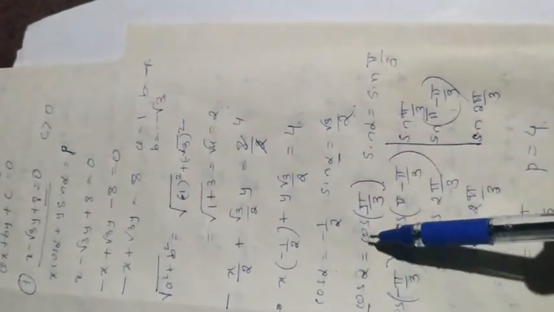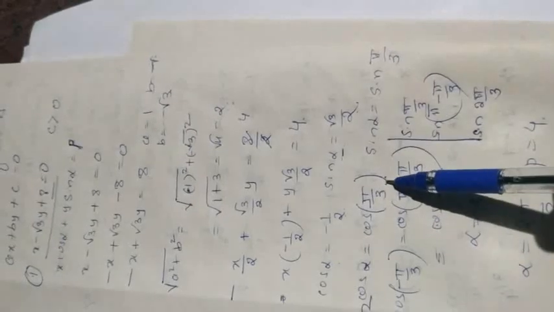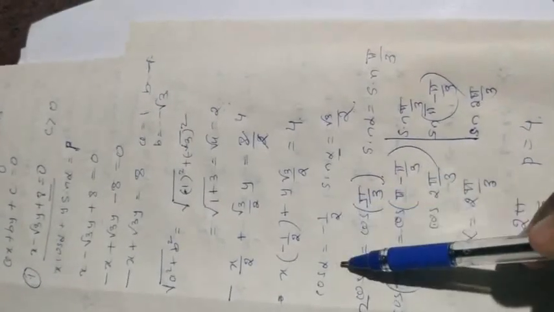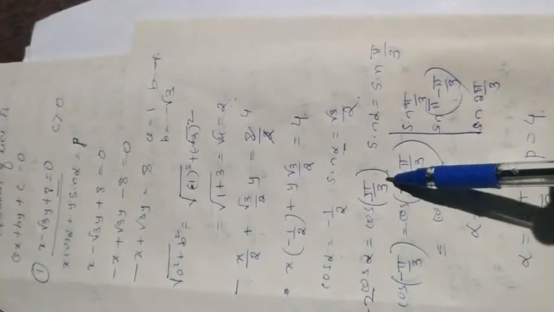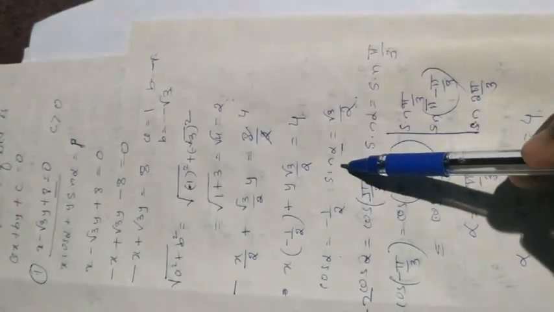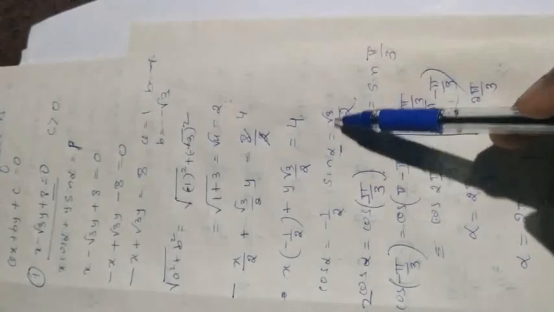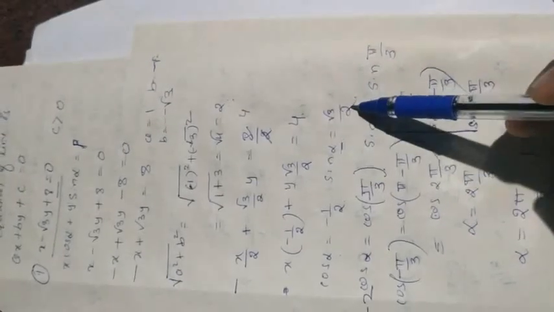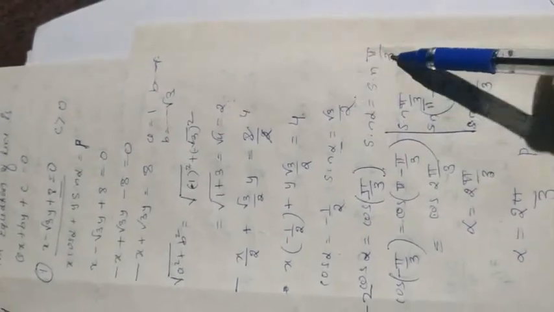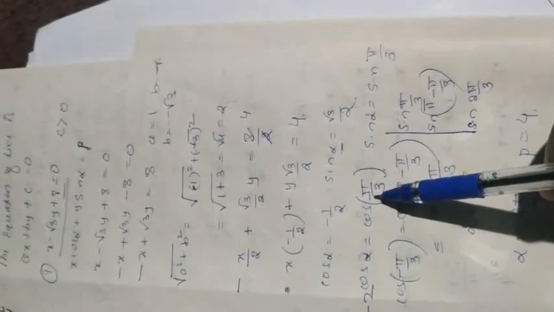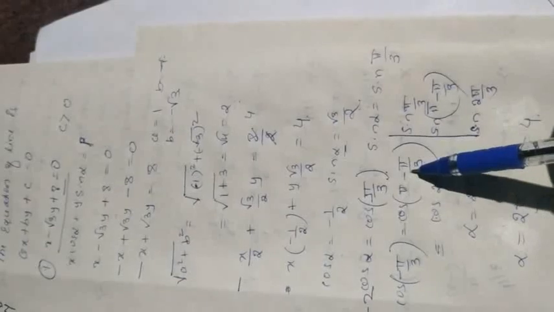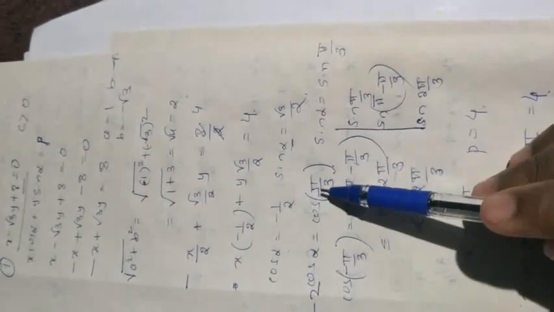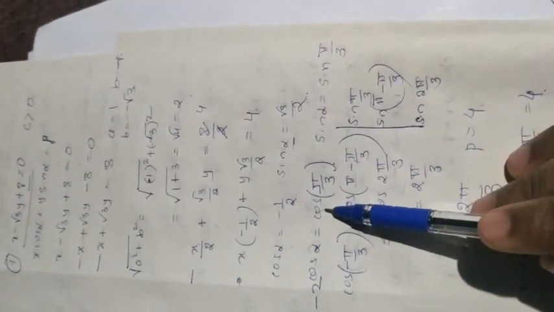So cos alpha is cos of minus pi by 3, because for what angle does the cos have the value 1 by 2? It is pi by 3. And for what angle does the sine have the value root 3 by 2? It is again 60 only. Here the cos has a negative angle that we have to convert into the positive. In which quadrant is cos negative?